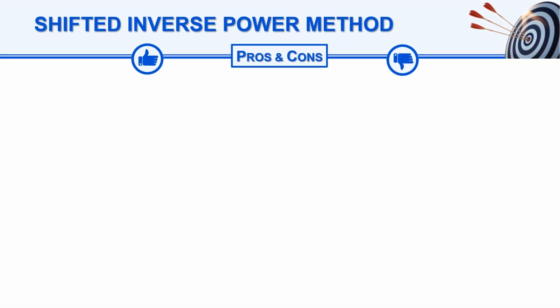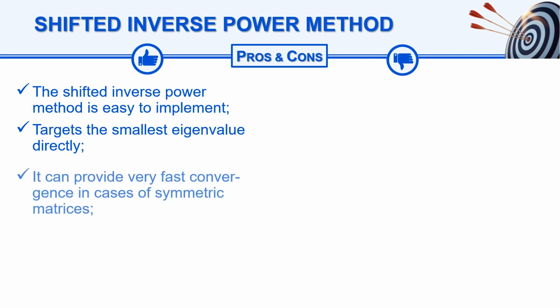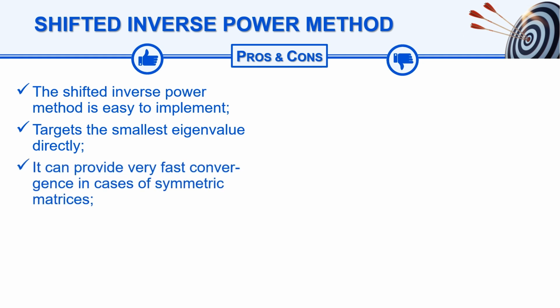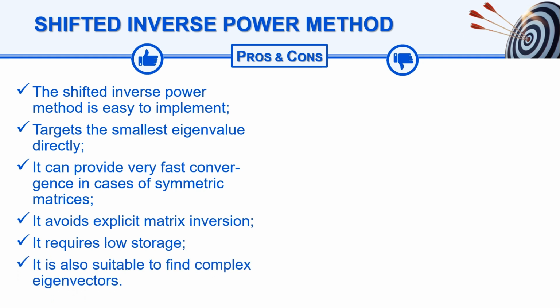The advantages of the shifted inverse power method are: it is easy to implement, targets the smallest eigenvalue directly, can provide very fast convergence in cases of symmetric matrices, avoids explicit matrix inversion, requires low storage, and is also suitable to find complex eigenvectors.